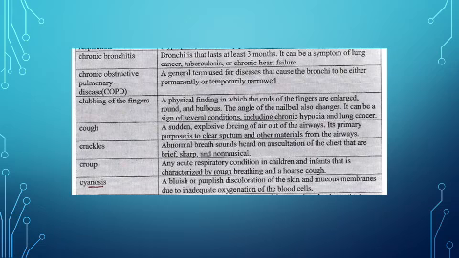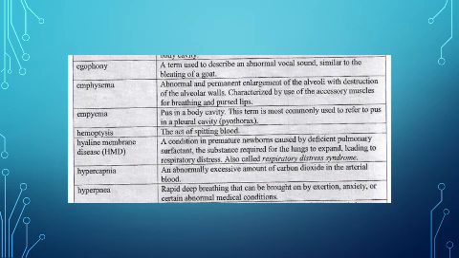If a person is suffering from cyanosis, you can easily identify the discoloration of skin to blue or purple color. Okay, clear here. Then egophony, a term used to describe an abnormal vocal sound similar to the bleating of a goat.